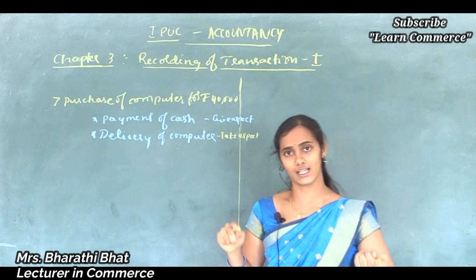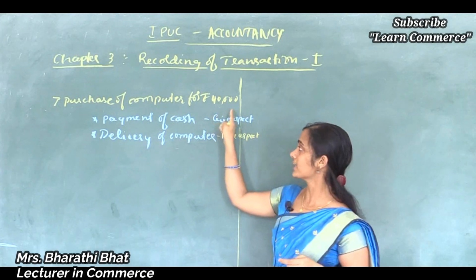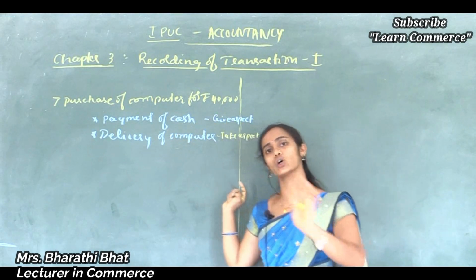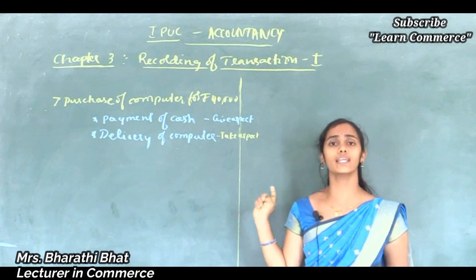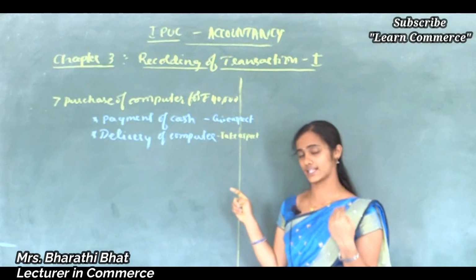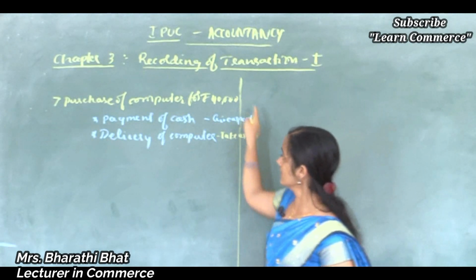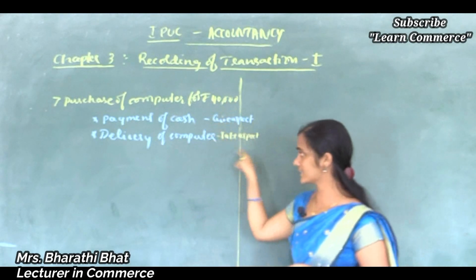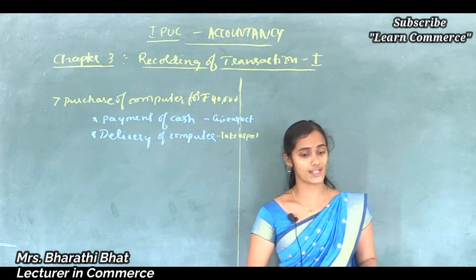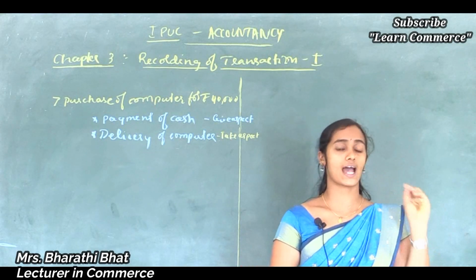For the business concern, that is the shopkeeper, cash is the receive aspect and delivery of computer is a give aspect. For us, as the customer, it is a give aspect and a take aspect. So what is a business transaction?